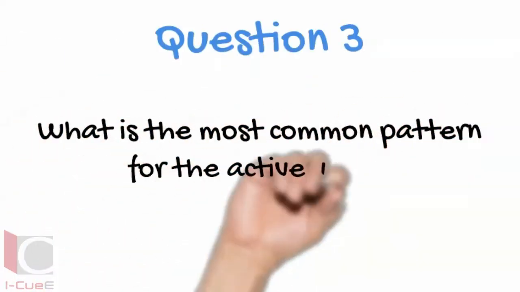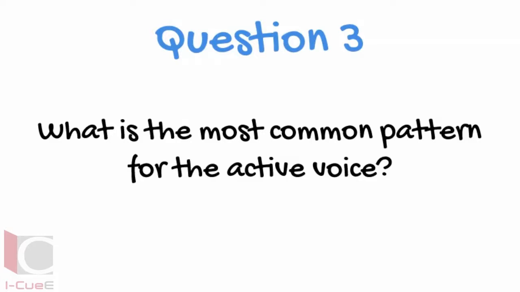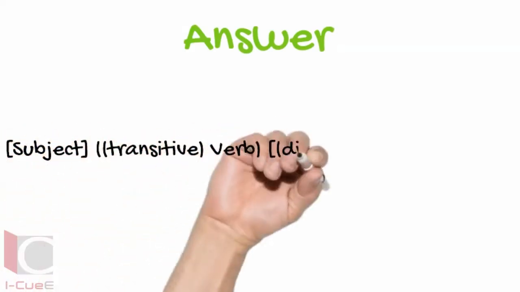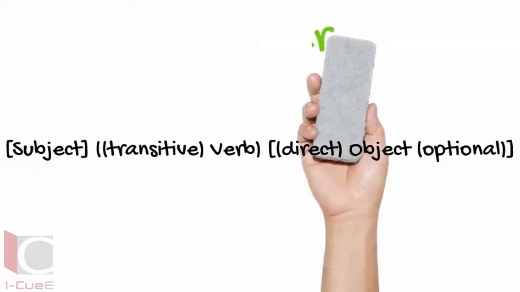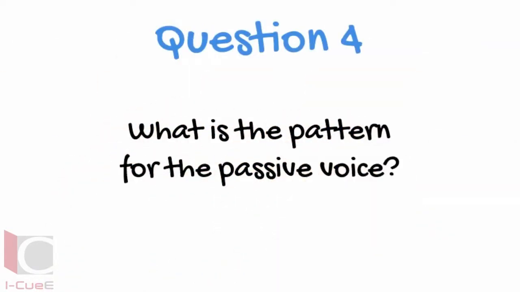What is the most common pattern for the active voice? Subject, verb, object. What is the pattern for the passive voice?